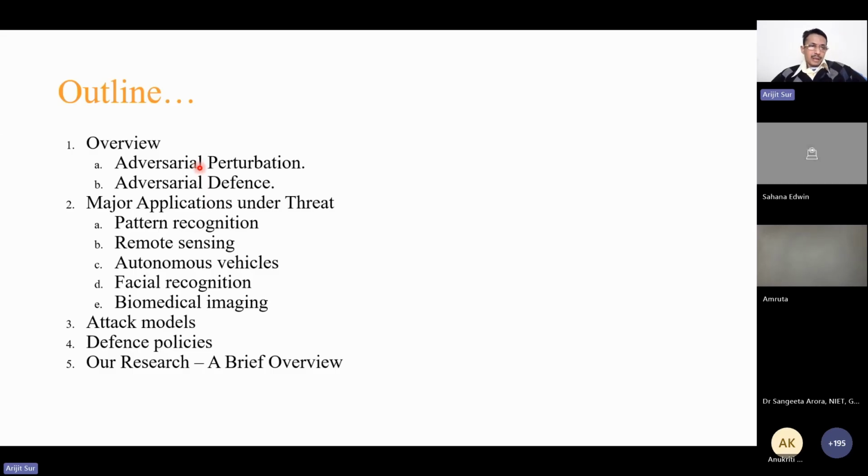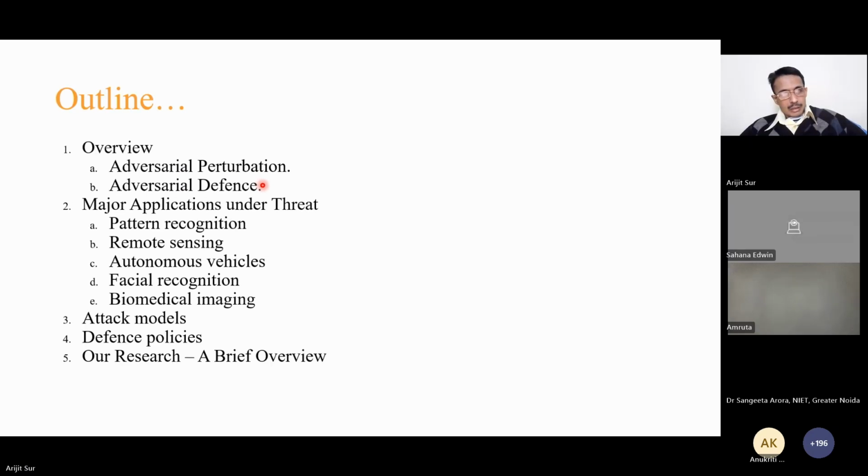First, we will take a basic introduction: what do you mean by an adversarial attack? It is popularly known as adversarial perturbation, and what is the defense against this adversarial attack.